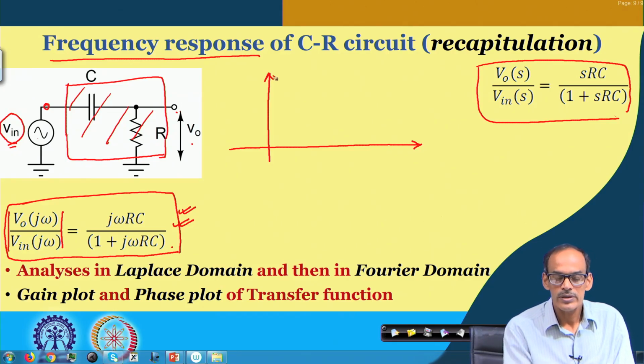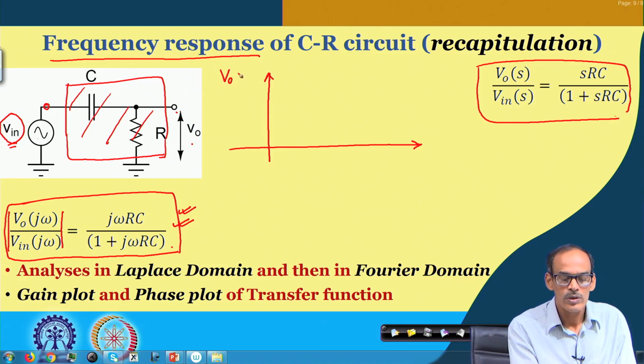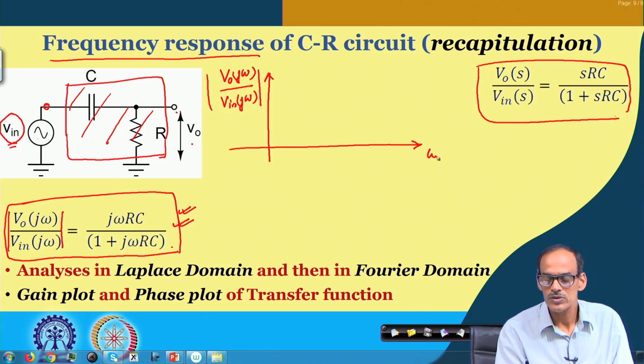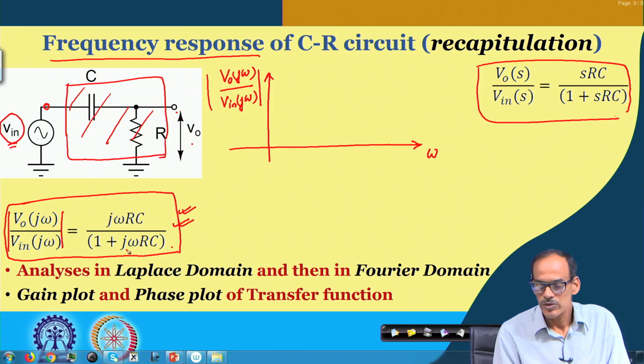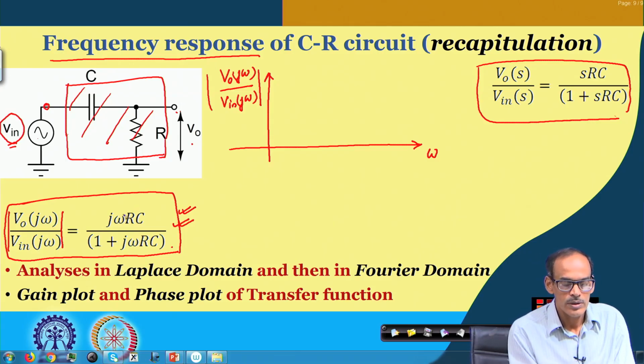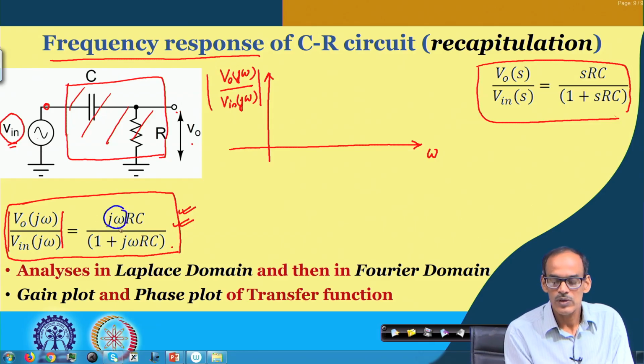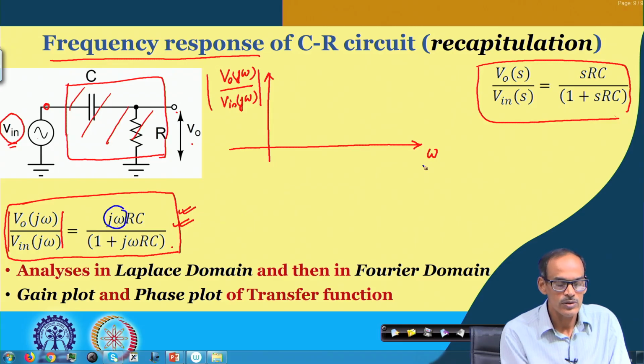If I consider the magnitude part, namely V o(j omega) divided by V in(j omega), take the mod of it, and plot it with respect to omega, what we will see here is that, due to the presence of omega in the numerator, at very low frequency, or if I consider omega equal to 0, due to this omega in the numerator, it will be 0.